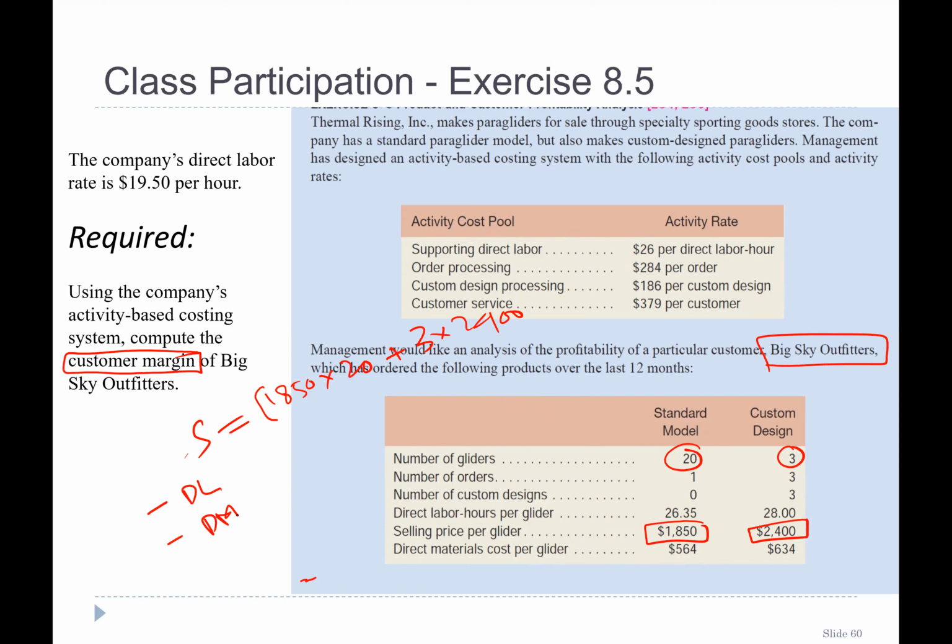So how many labor hours are used on both of them? It's like 28, right? 26.35 and 28 on custom design, right? 54.35. So per unit labor hour is 19 point.